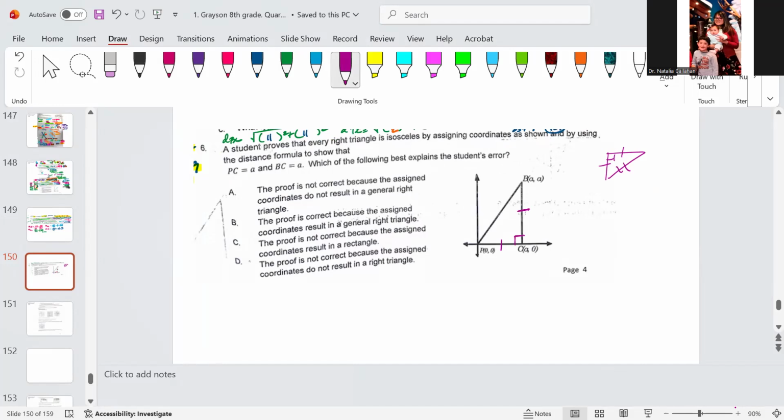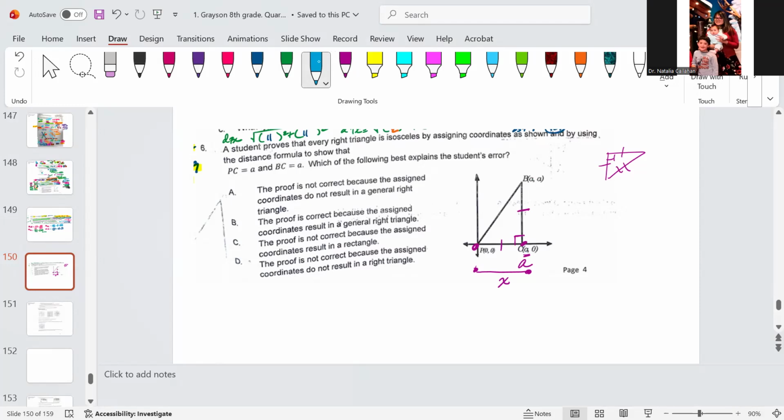It's saying PC, from P to C, is A, correct? And that's correct because from here to here, this is the x value, and the x value is A. But then it says BC from here to here is also A. Well, that's assuming that the x here is equal to that right there.